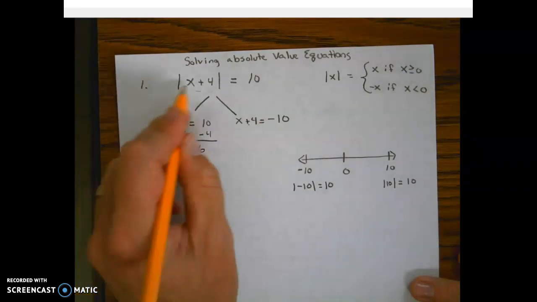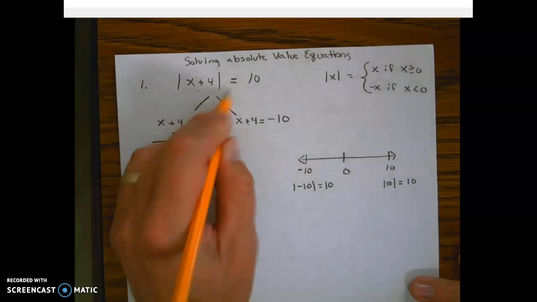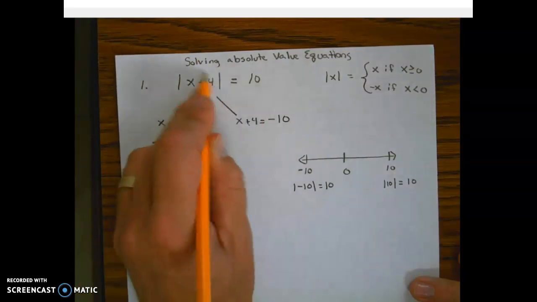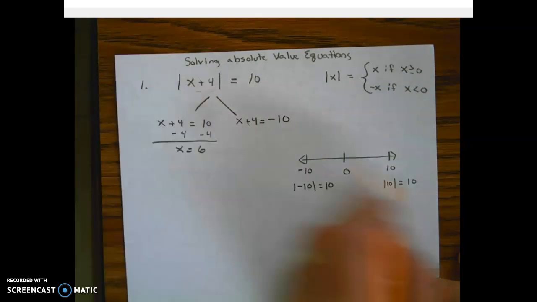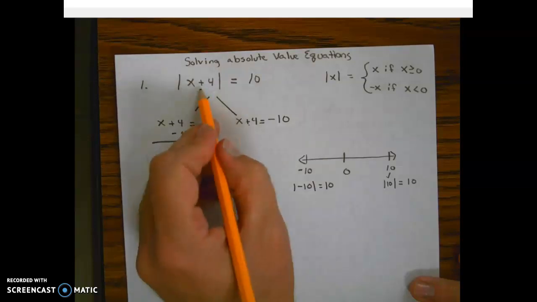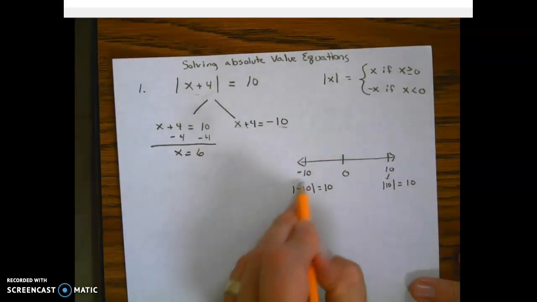If we plug it in, we get 6 plus 4, which is 10, and the absolute value of 10 is 10. Notice we got a positive 10 in here. That's our positive option. Okay, now this equation here is going to get us our negative option inside the absolute value.